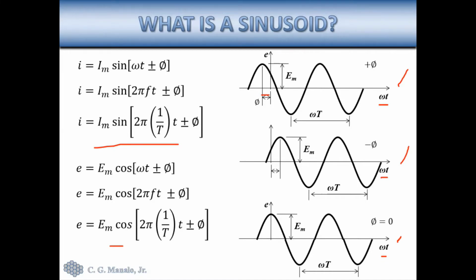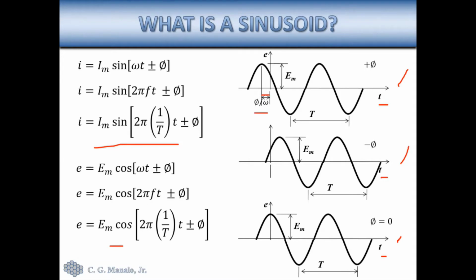Now we can express this similarly in terms of time itself, and it would look exactly the same except that the offsets are expressed in seconds. So phi over omega here is in seconds.